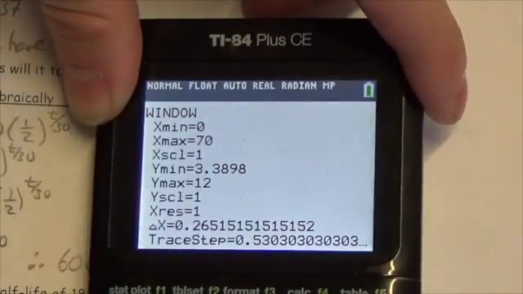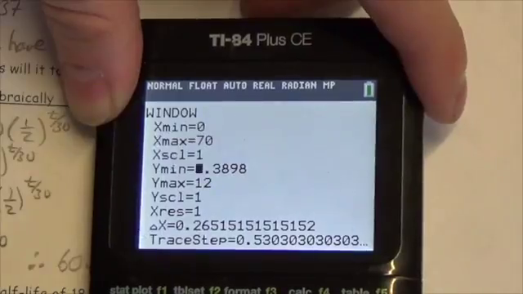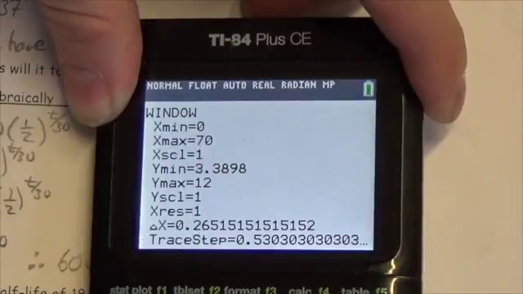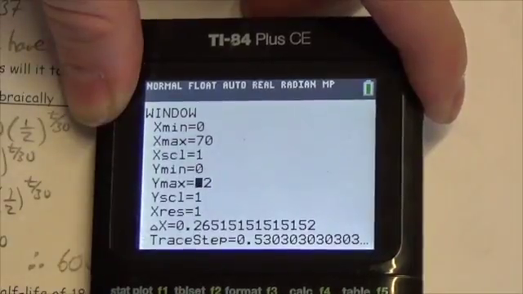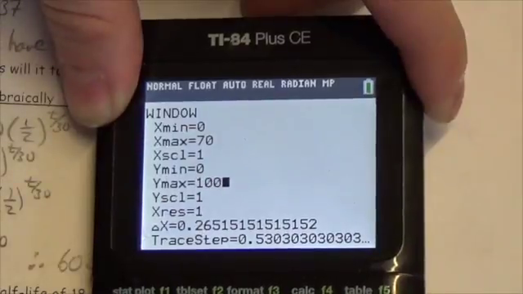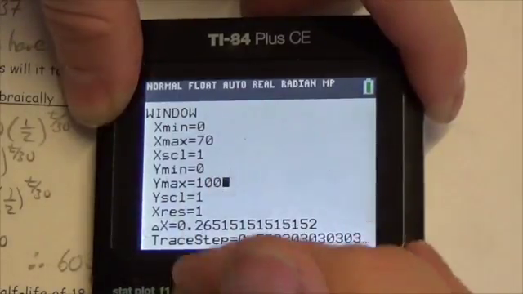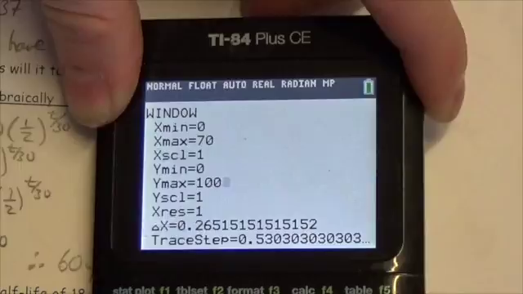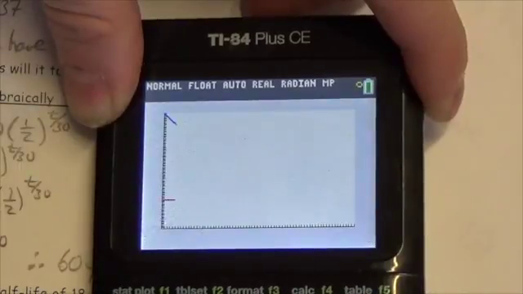Now, my y-min. Well, I started with 100 and it dropped down to 25. I'm going to let 0 be the minimum, and I'll let the y max be 100, because remember, the y coordinate refers to the amount that I've got. So now let's graph that and see what we get.